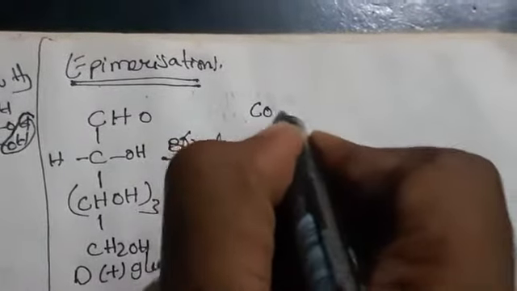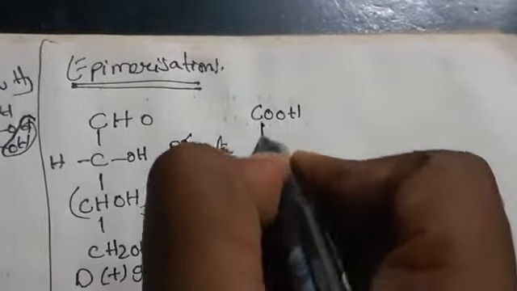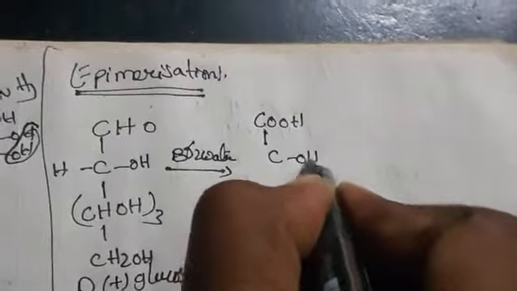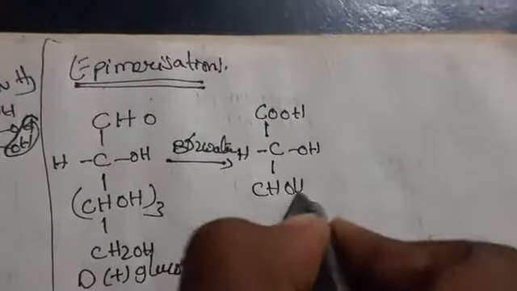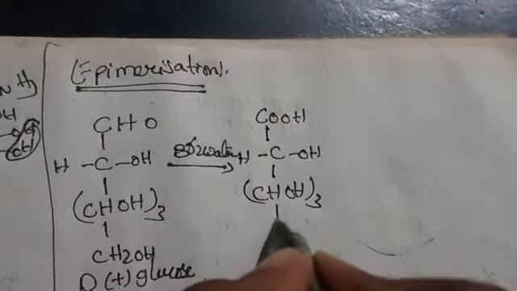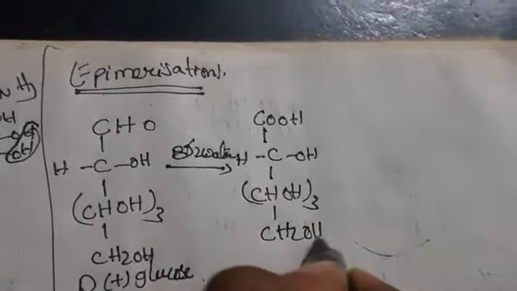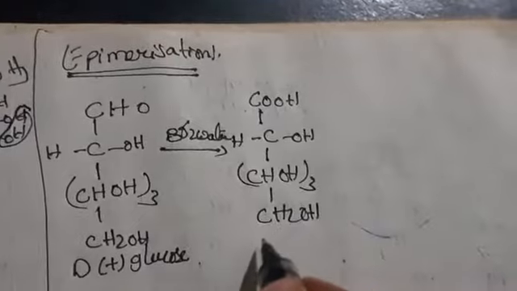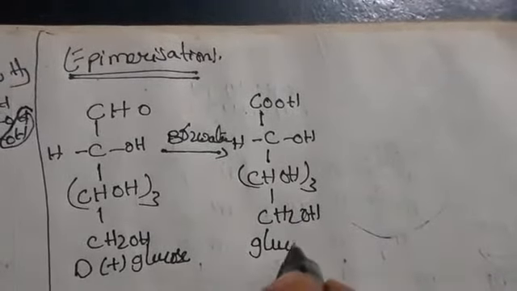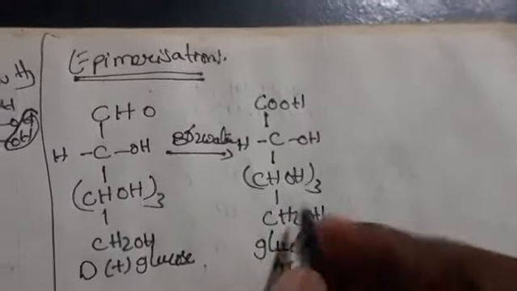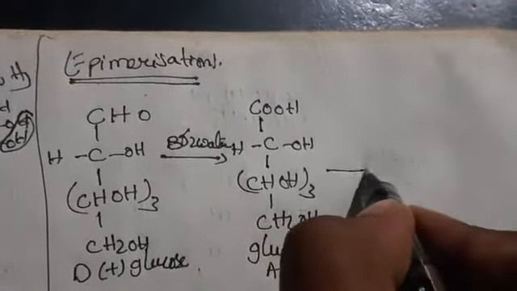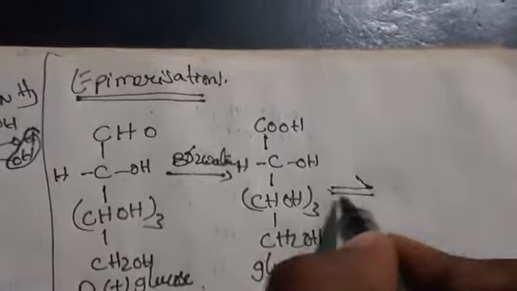So COOH, CHOH, H, CHOH twice, CH2OH. What is the name of this compound? Gluconic acid. Okay, so I am adding pyridine here.